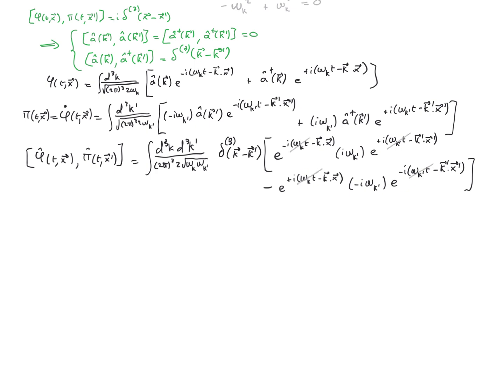The square root of omega k dash becomes just omega k, while the omega k dash here also becomes omega k and cancels with this one.